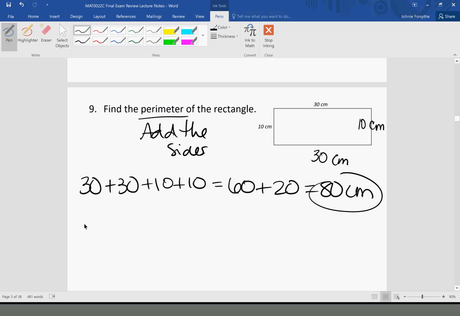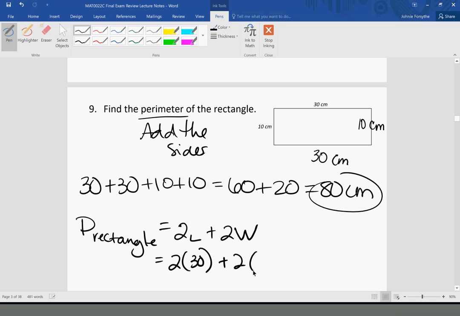Or you could use this formula: perimeter of a rectangle equals 2 times the length plus 2 times the width. So that'll be 2 times 30 plus 2 times 10, which will give you 60 plus 20, which still equals your 80. Either way you go, you would get the same answer.